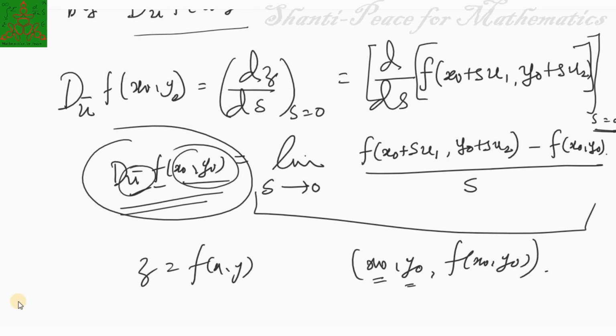Analytically, the directional derivative represents the instantaneous rate of change of f of (x, y) with respect to distance in the direction of u bar at the point (x0, y0). Let us see this situation geometrically.